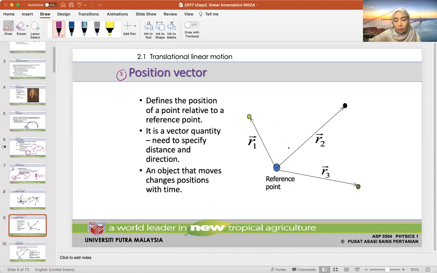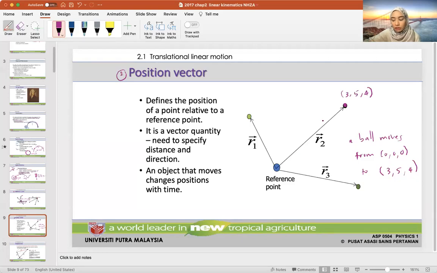So I say a ball moves from 0, 0, 0, sebab ni 3 axis, to 3, 5, 4. And 3, 5, 4 is over here, contoh. Okay, so this is position vector. So what is the final position vector of the ball?